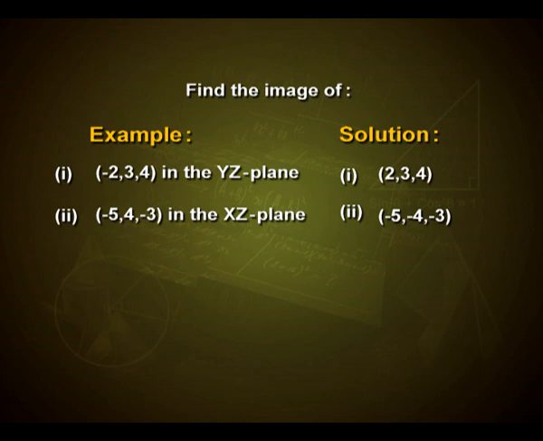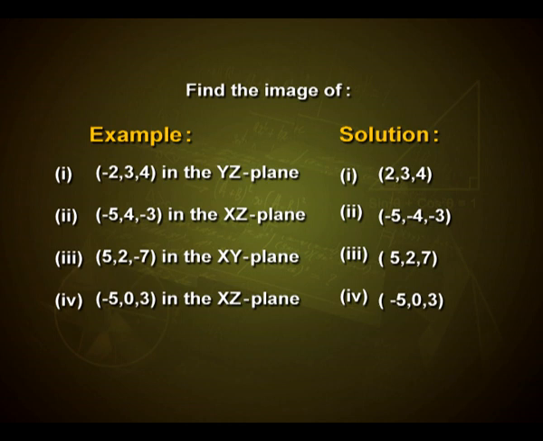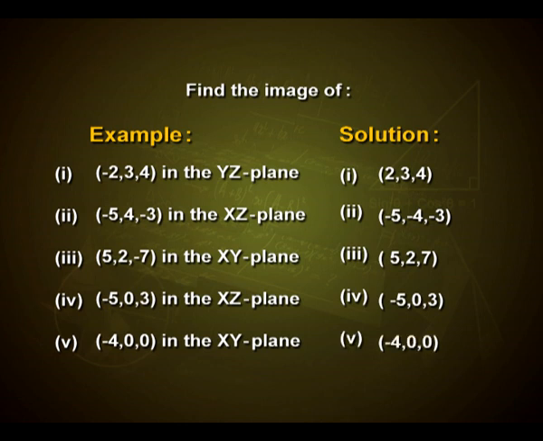Similarly, the image of point 5, 2, -7 in the xy plane will be 5, 2, 7, and the image of point -5, 0, 3 in the xz plane will be -5, 0, 3, and the image of point -4, 0, 0 in the xy plane will be -4, 0, 0.